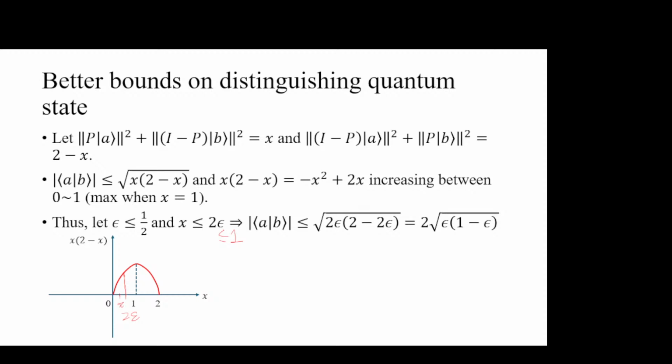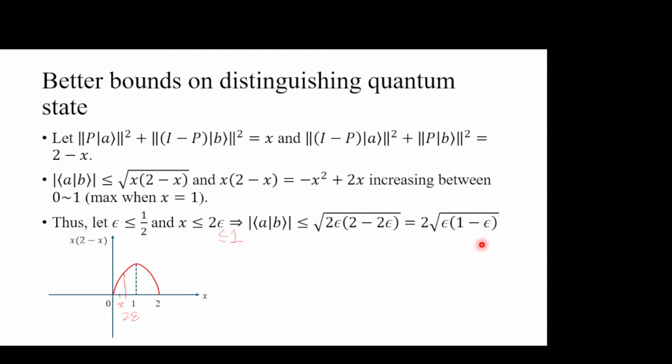So you see that the square root of x times 2 minus x should be less than or equal to its value when you put x at 2 epsilon. So it's less than or equal to the square root of 2 epsilon times 2 minus 2 epsilon. And so this is upper bounded by 2 square root of epsilon times 1 minus epsilon.